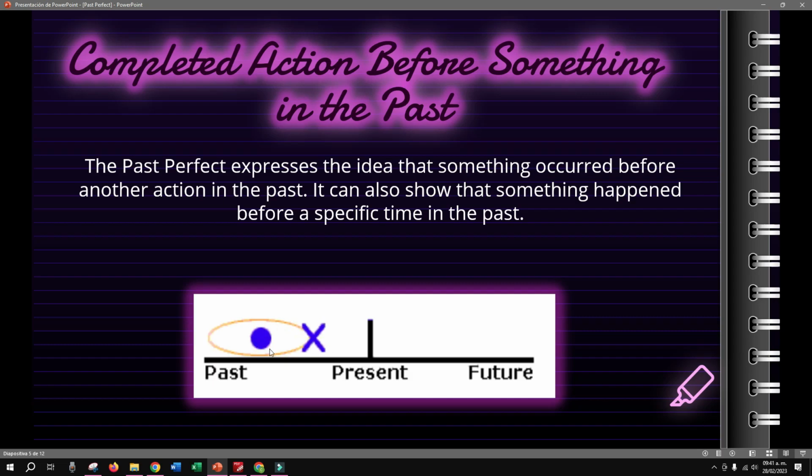So in that case, you have that something occurred before this action, right? But also in the past. That action, we can say, doesn't continue in the present, like present perfect, but in that case, only in the past.